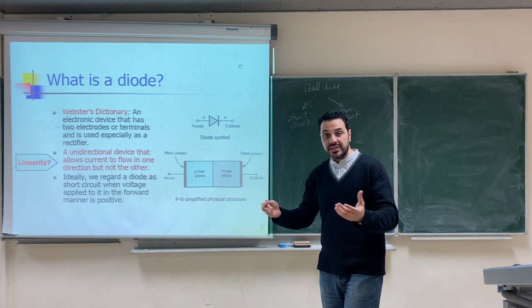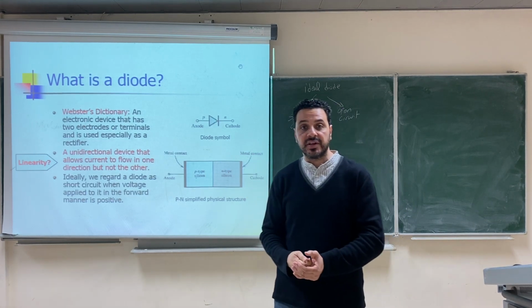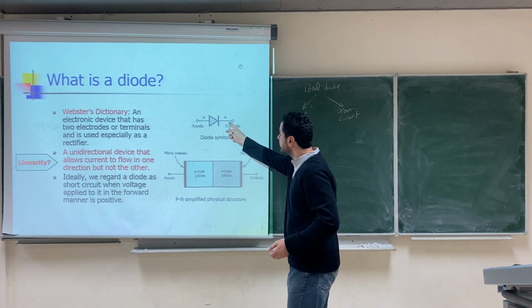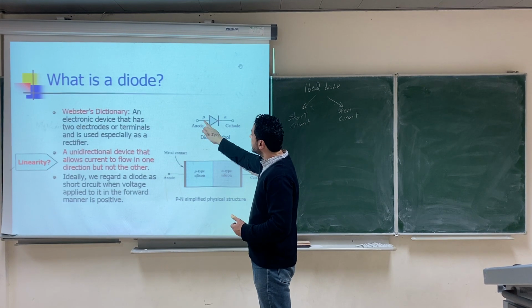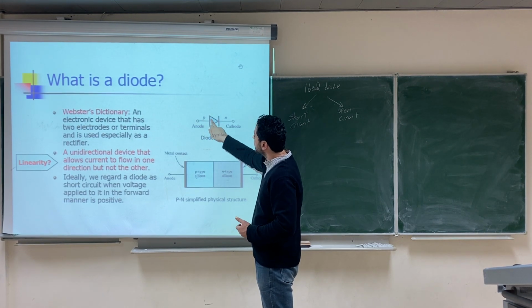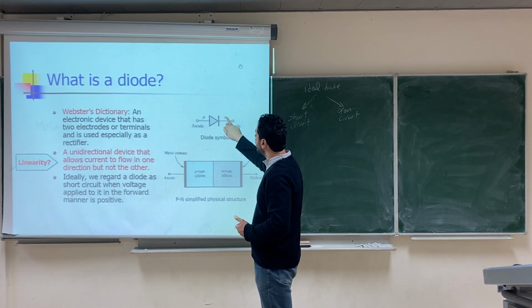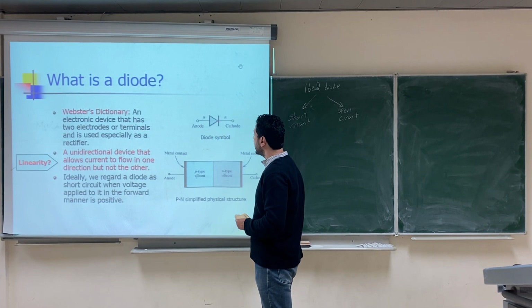To understand what the forward direction is and what the reverse direction is, this is the symbol that we are going to use for the diode. It has a positive terminal which is connected to the triangle, and a negative terminal which is connected to the line.